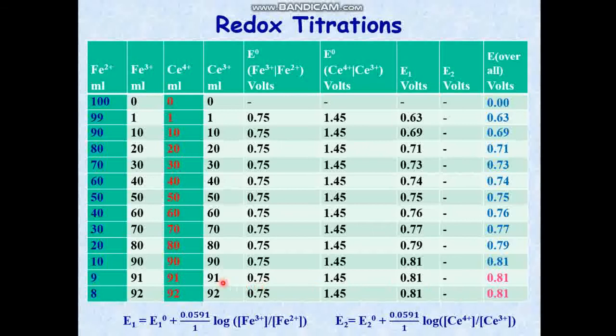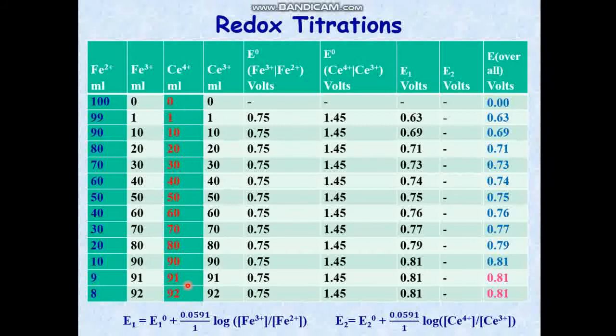At this point, I was adding the cerium 4 plus solution 10 ml at a time: 0 to 10 ml, 10 to 20, this way up to 90 ml.